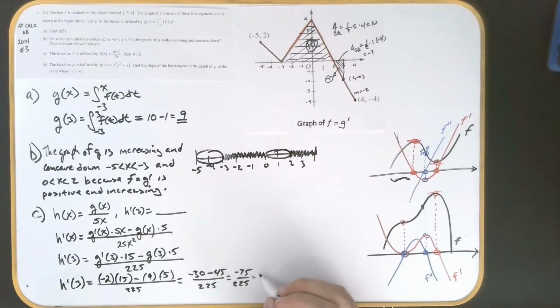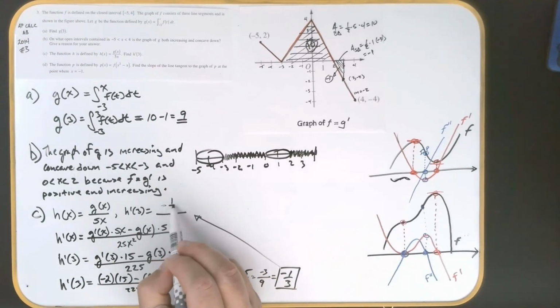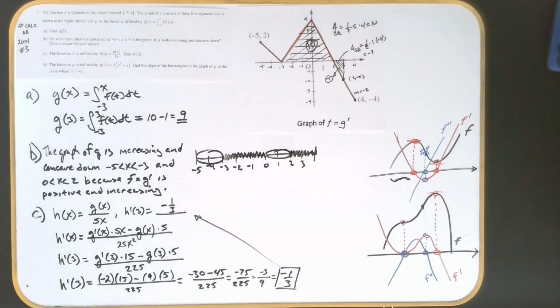So that would be negative 3 over the 9 we had before, and one more time, negative 1/3. There it is. So I guess we could put that right here, negative 1/3. Okay, there is C.